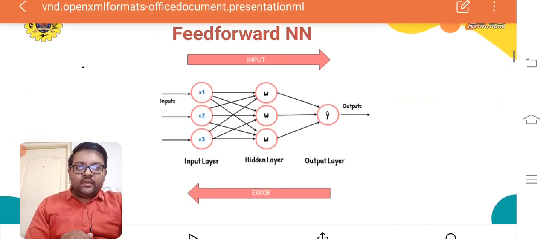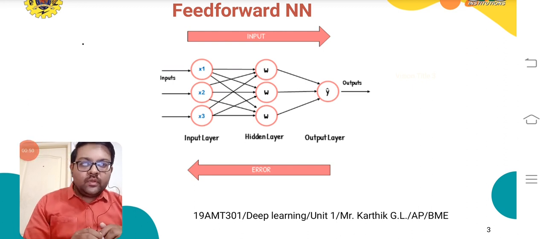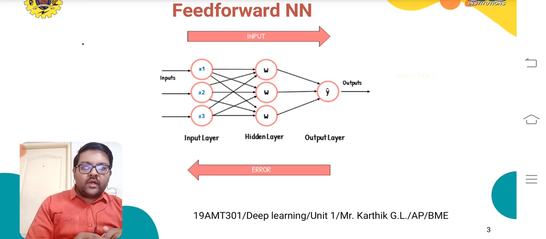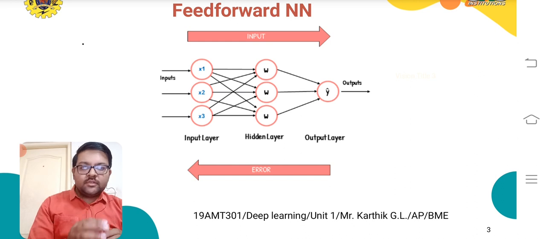So how do we use back propagation in a feed-forward neural network? You can see on the screen there is an input layer, hidden layer, and output layer. The input layer is fed with the inputs x1, x2, x3, the nodes or neurons. Then there is a hidden layer connected with the input layer, and the output layer will make some predictions or classification.